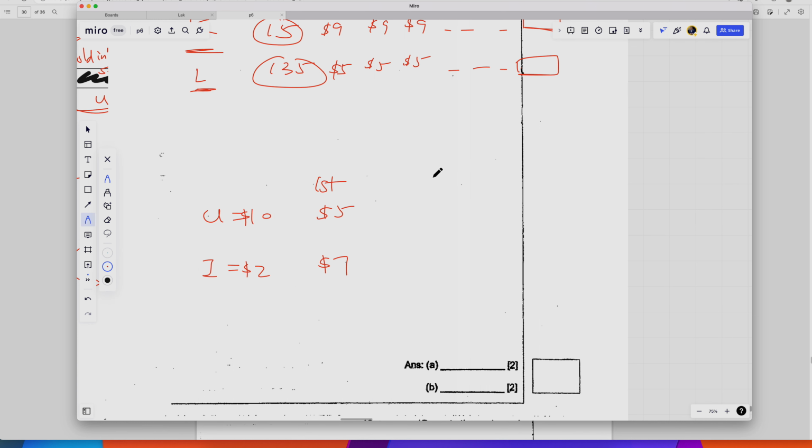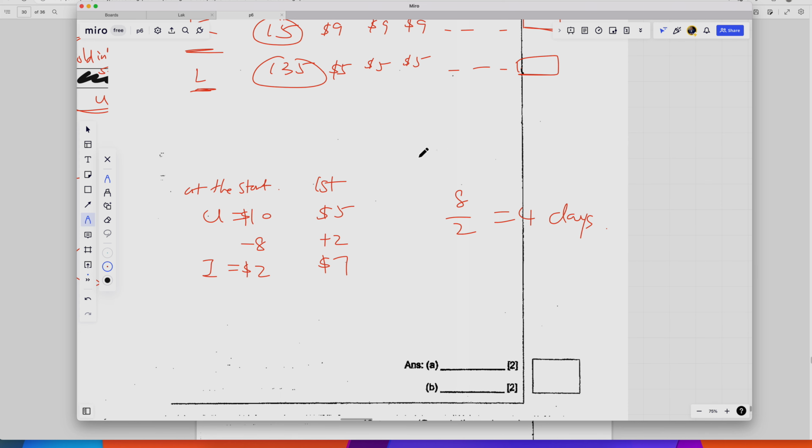At the start, what's the difference between you and me? Minus 8, right? One day I can catch up $2. So how many days to catch up the $8? 8 divided by 2, so it's 4 days.